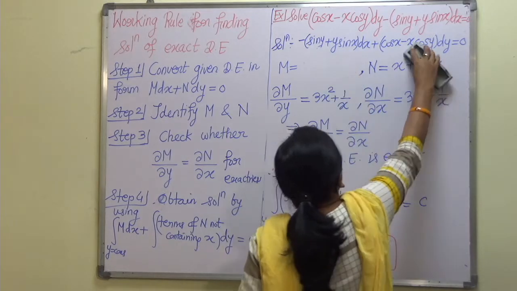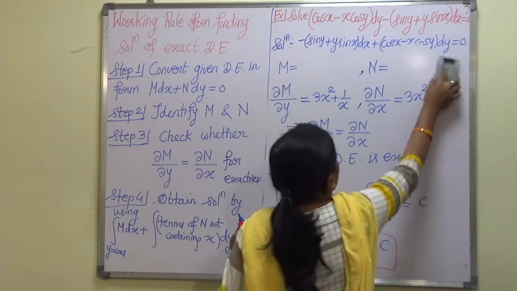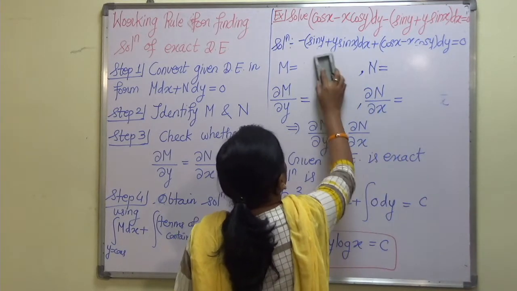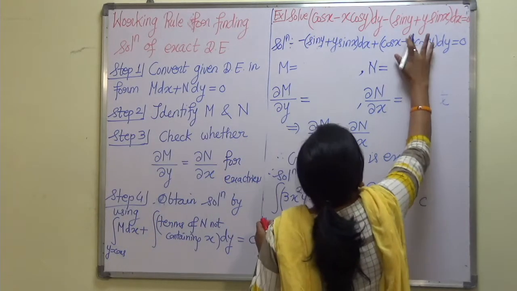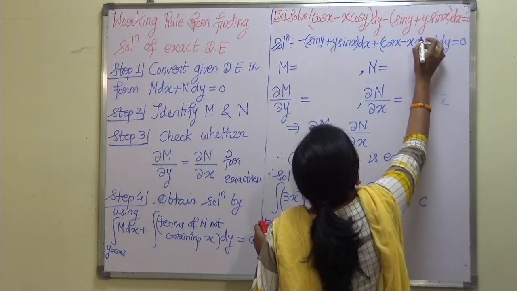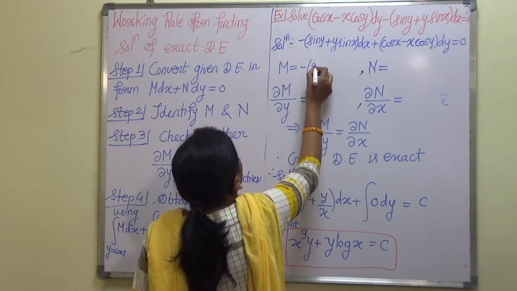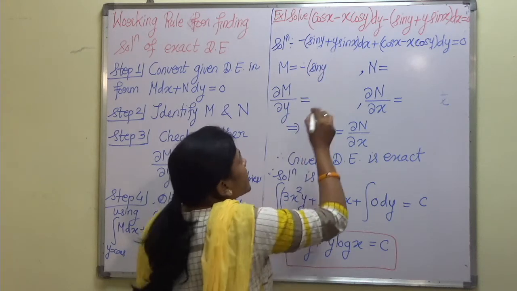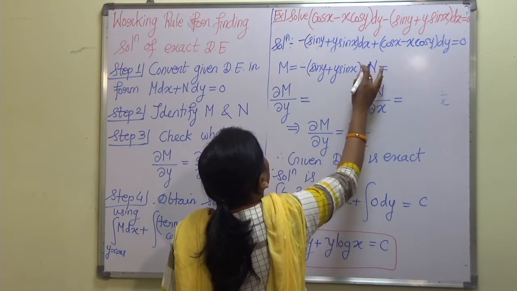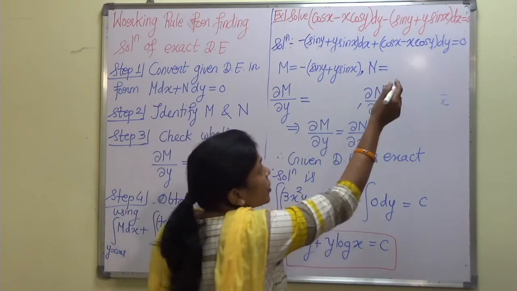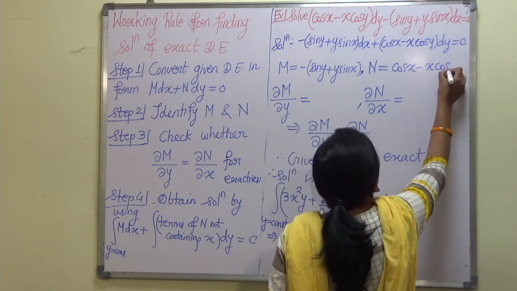So what is M? M is the coefficient of dx. So M is minus of, don't forget to write the negative sign, minus of (sin y plus y sin x), and N is the coefficient of dy, that is cos x minus x cos y.